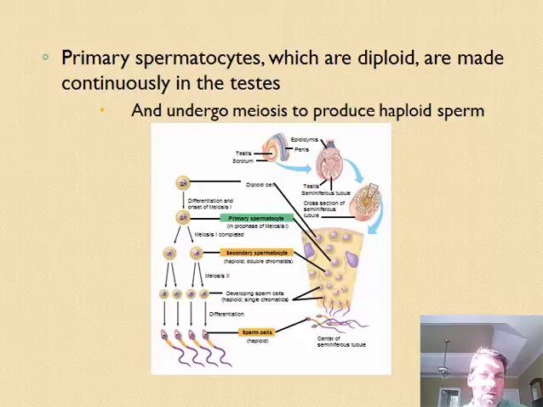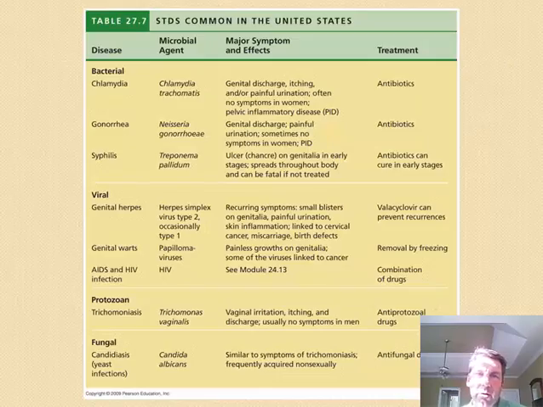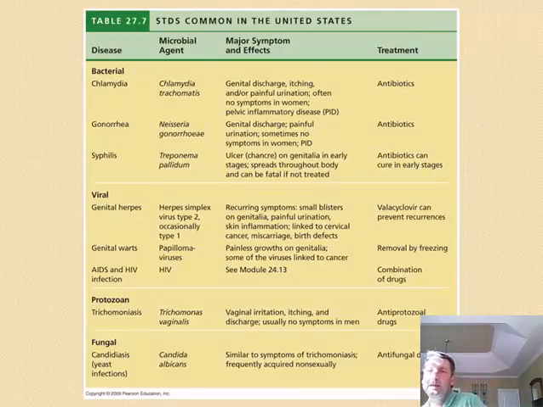And these infections can be bacterial, viral, protozoan, and fungal. This lists out some of these. These are referred to as STDs, sexually transmitted diseases. And so during sexual intercourse, these types of bacteria, viruses, protozoans and fungi can be transferred. And so this shows some of those different diseases.